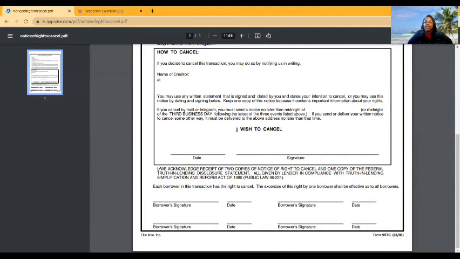They're signing that they wish to cancel instead of signing that they've received it. And down here, they're signing that they've received 2 copies of it. You can see where I have that highlighted. So you just want to make sure that they're signing in the right place and dating in the right place.